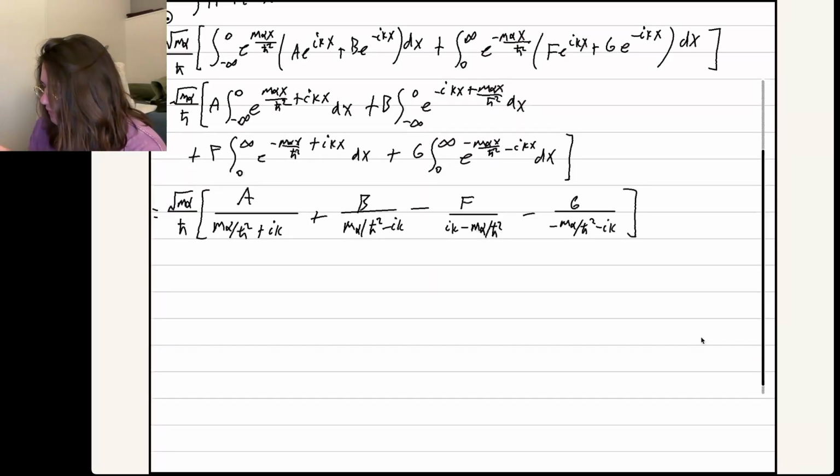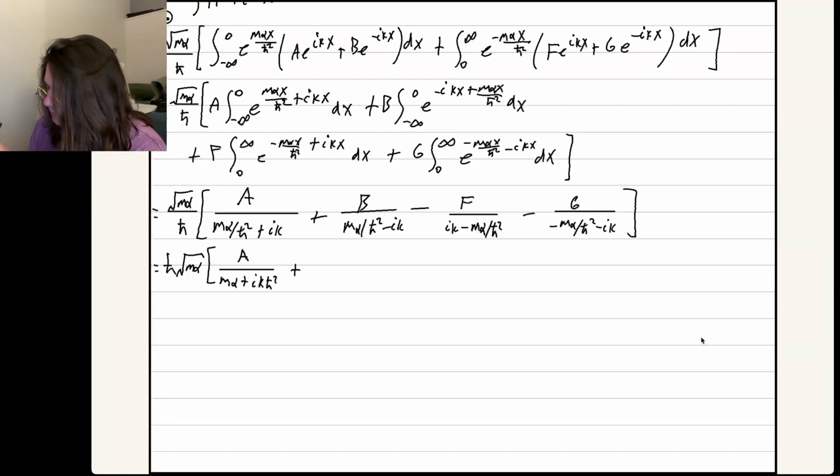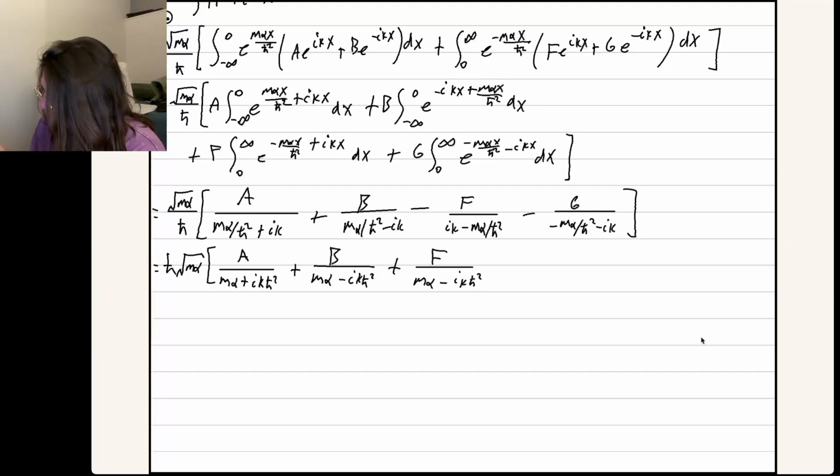Okay. I'm going to multiply everything by a factor of h bar, just to make it prettier. And I'm also going to fix the signs on everything. So we'll have ikh bar squared there, and then m alpha minus ikh bar squared, plus f over m alpha minus ik, ikh bar squared plus g over m alpha plus ikh bar squared.